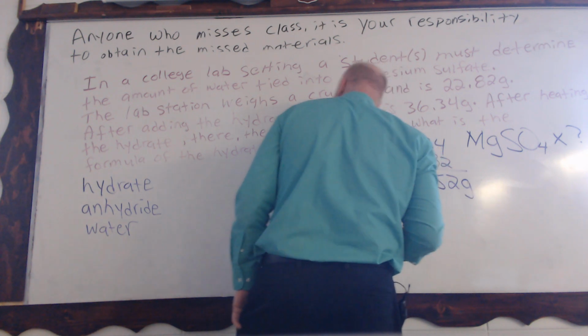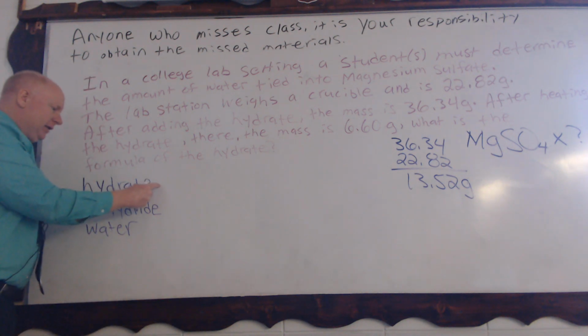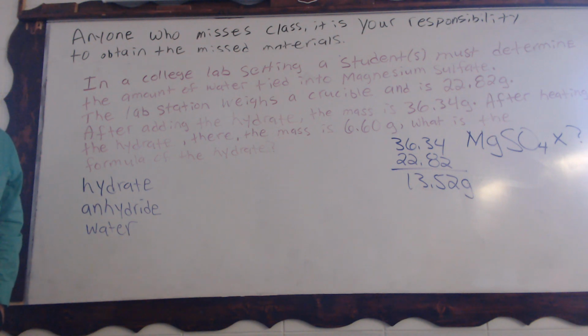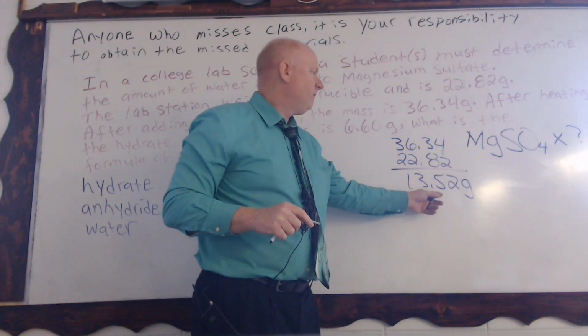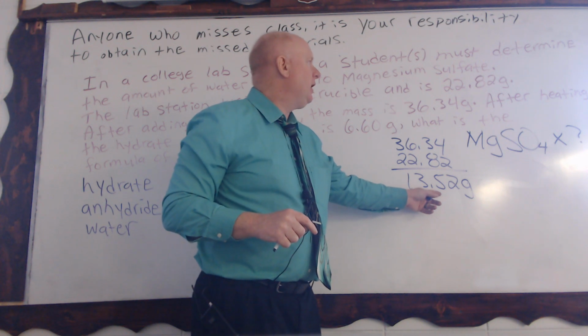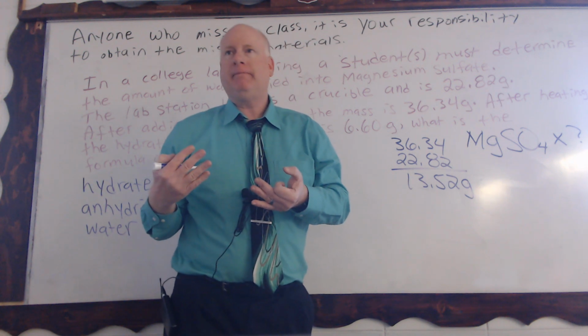Now, is that this, or this, do you think? This is the mass of your hydrate. You also have to take into account, have we done anything to this yet?